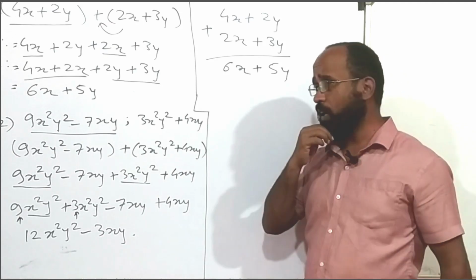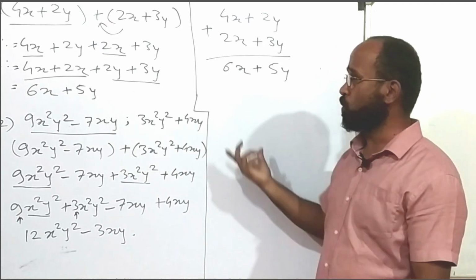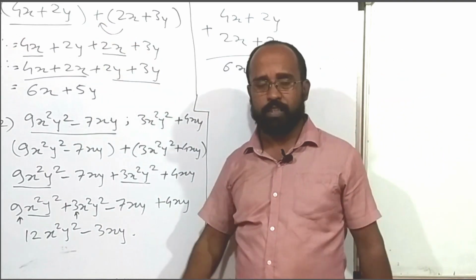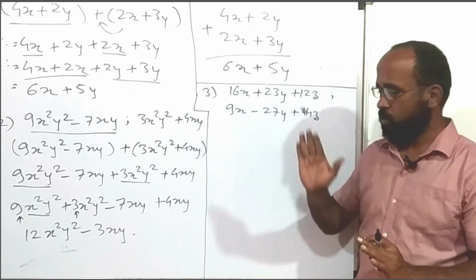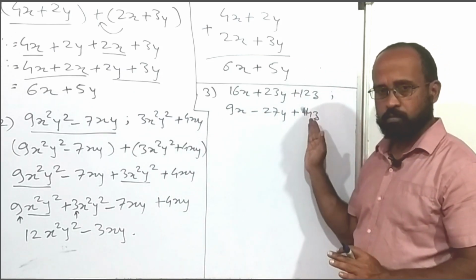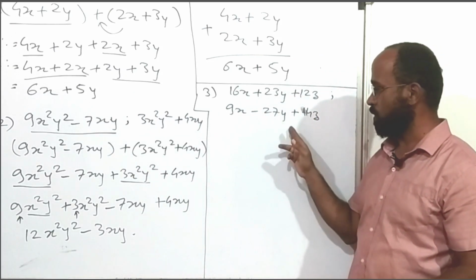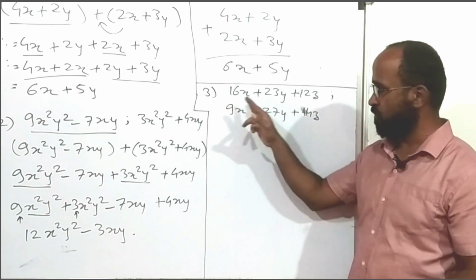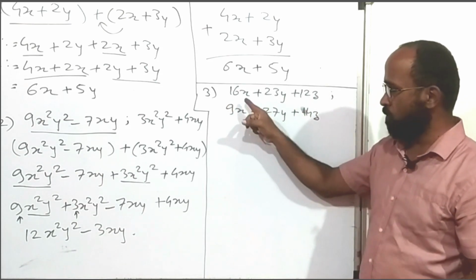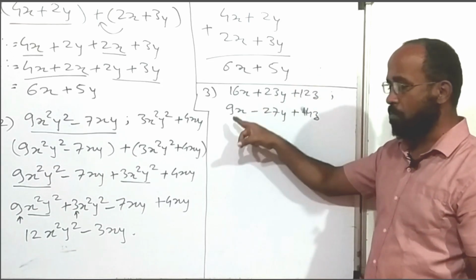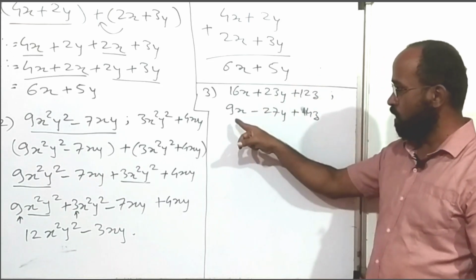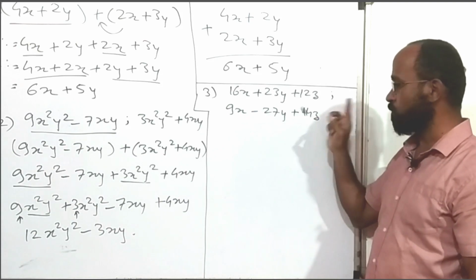Okay, now let us see what to do if the symbol out of the bracket is negative. Suppose the example is, subtract this second expression, second trinomial from first expression, first trinomial. First trinomial is 16x plus 23y plus 12z minus all this trinomial 9x minus 27y plus 14z.